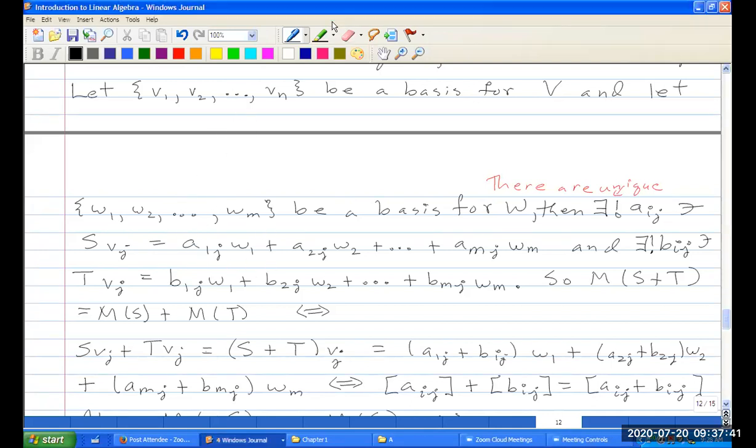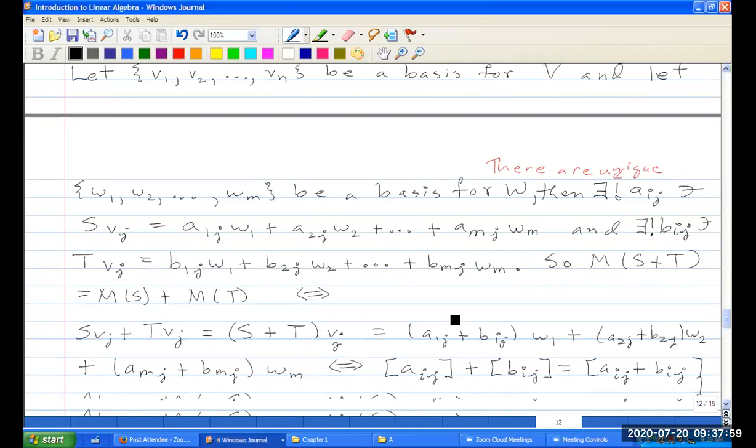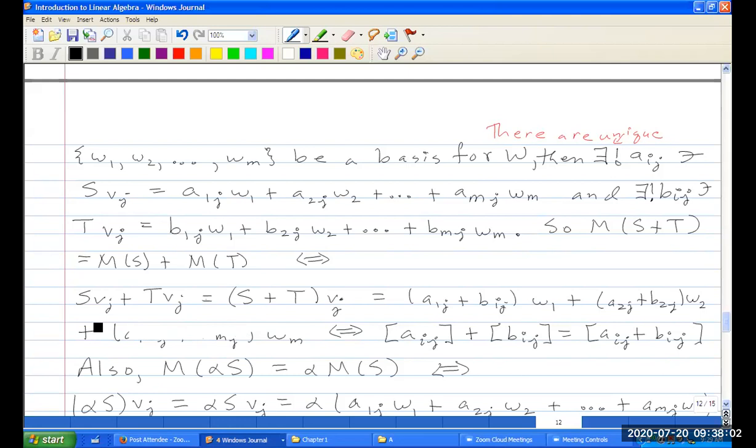So the A's and B's are uniquely determined by your bases. Okay. Let me write. I don't like the way I wrote this at all.